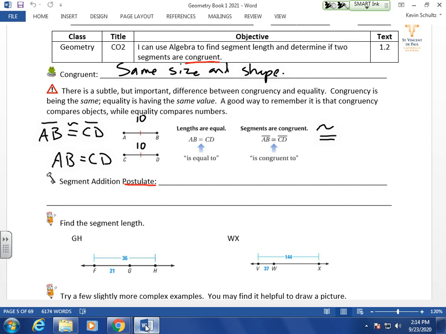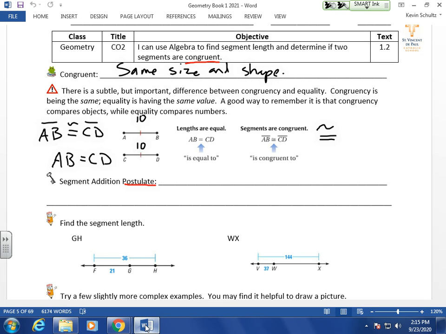So postulates, and what you'll see later on called theorems, are kind of the math rules that we can use to describe why something is true. And this one, which we'll use in CO2 here, is called the segment addition postulate. Or if you're lazy, you can call it the SAP. But the segment addition postulate, any guesses as to what that might be?